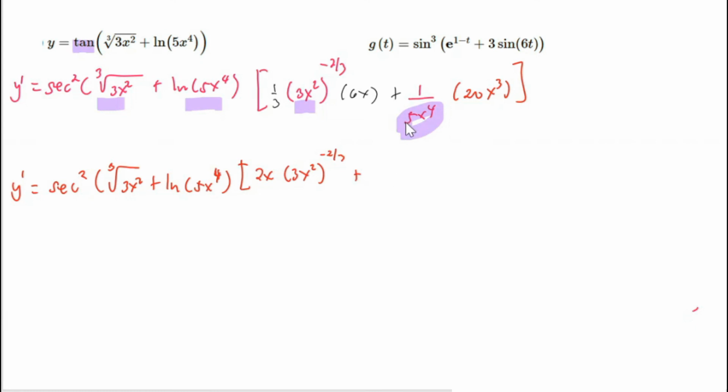So 20 divided by 5 is 4, and x³ divided by x to the fourth power is 1 over x. Instead of writing 4 over x, you can write 4x to the power of negative 1. So that would be the final answer.